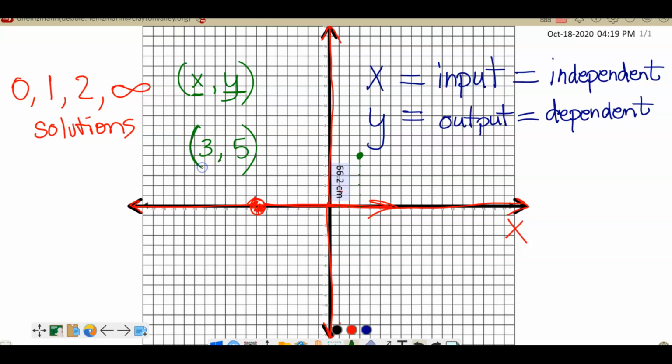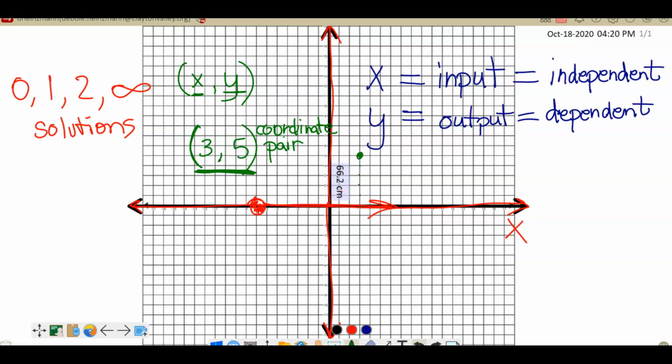This naming convention, this coordinate pair, let me write that down, is equivalent to this dot right here. Okay, and once again, these things will make more sense to you as we move forward.